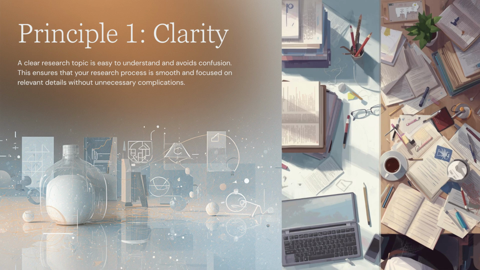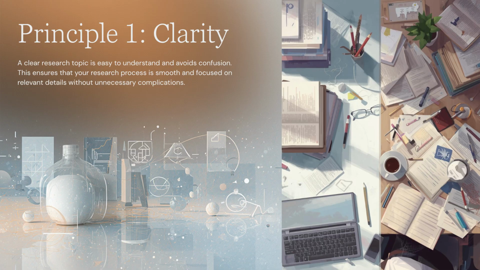For example, imagine choosing a topic such as technology. This topic is far too broad. Technology includes thousands of different areas: artificial intelligence, social media, cybersecurity, digital learning, and many others.